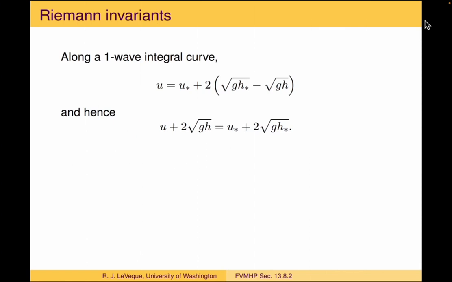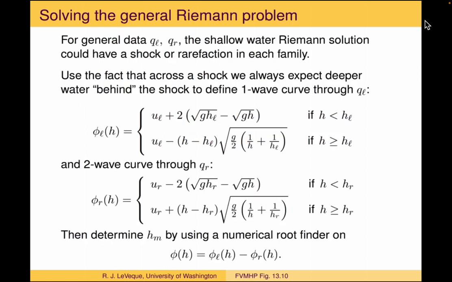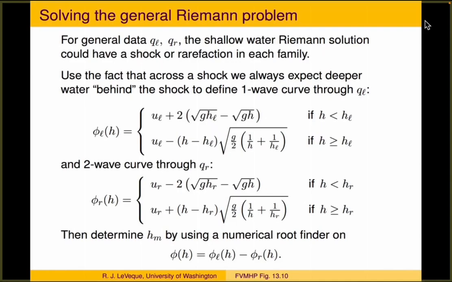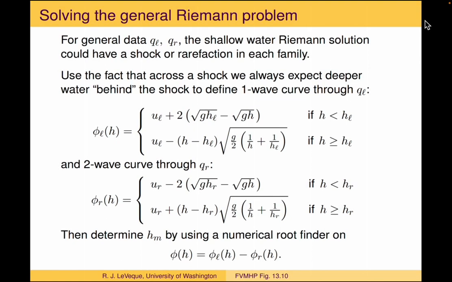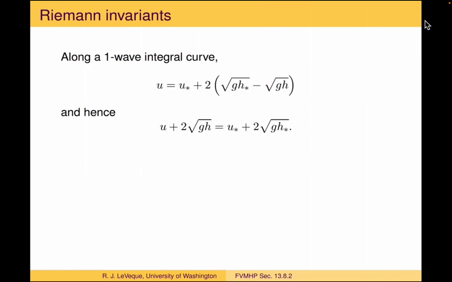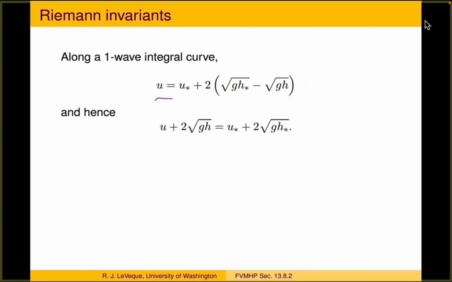Okay, so I just want to mention a couple of other concepts before we break this time. One is the idea of a Riemann invariant. If we go back to the expression we were just looking at for the integral curves, this top expression, we see that along an integral curve this relation is satisfied: u is always equal to u star plus twice the square root of g h star minus the square root of g h.